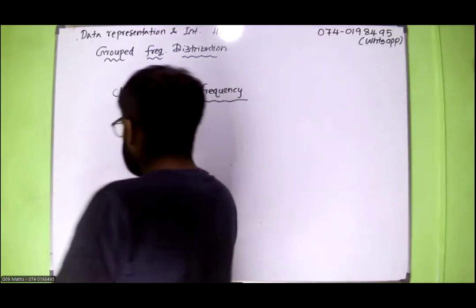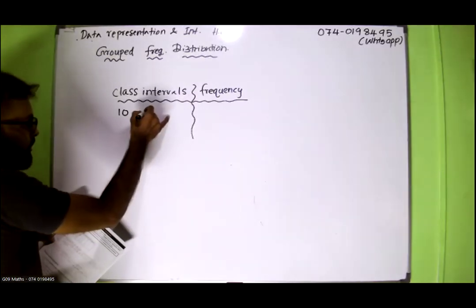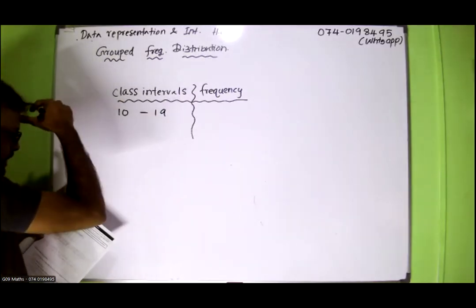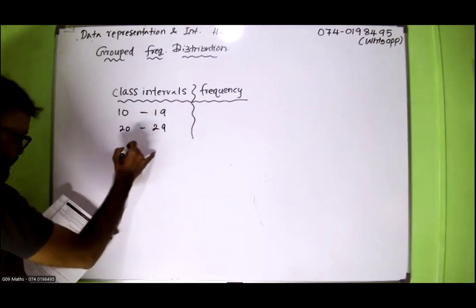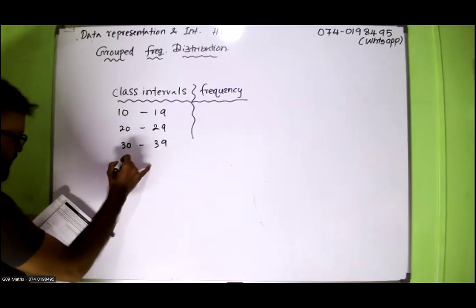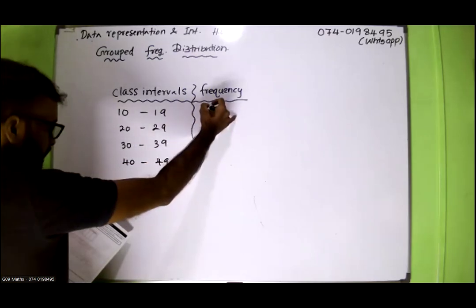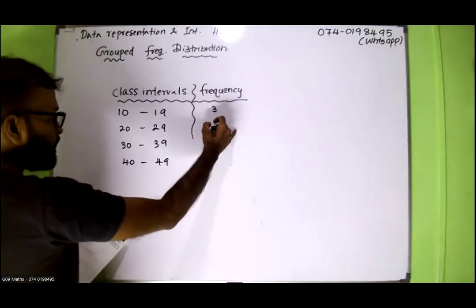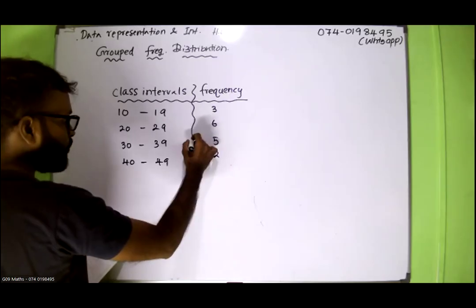For example, last week we discussed 10 to 19, 20 to 29, 30 to 39, and 40 to 49, and the relevant frequencies are 3, 6, 5 and 2.